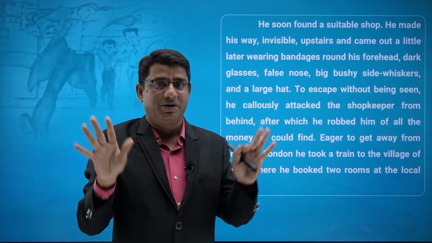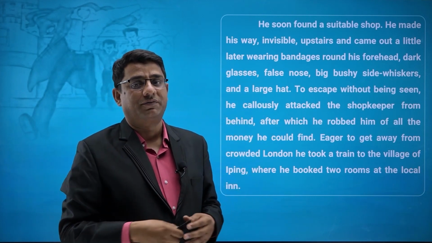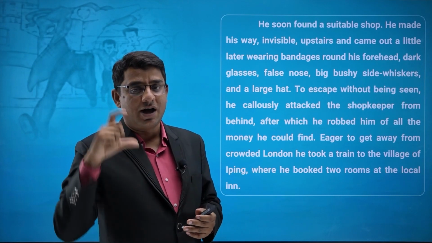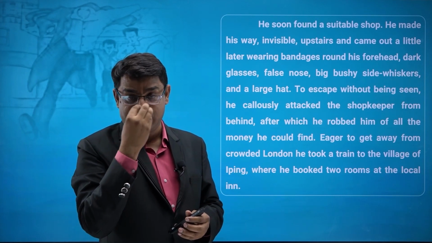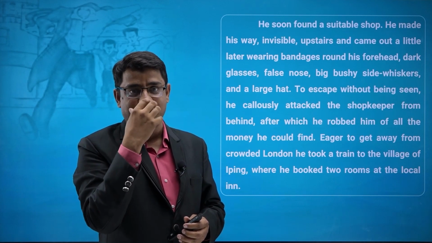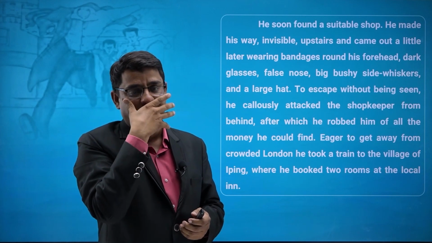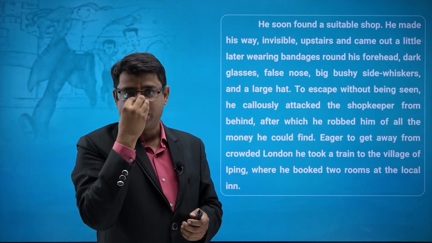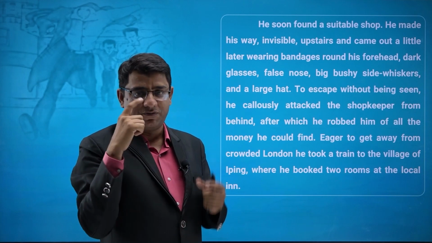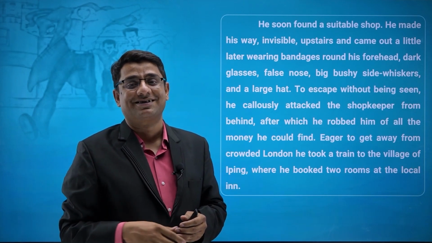So he looks like a proper guy now. And of course, he's wearing a suit and everything. Dark glasses, false nose. Here also, if he doesn't put anything, this area looks empty. He cannot wrap bandages here, otherwise it will be difficult for him to breathe. So for this area, he just wore a false nose. This is very interesting. You should imagine all this.